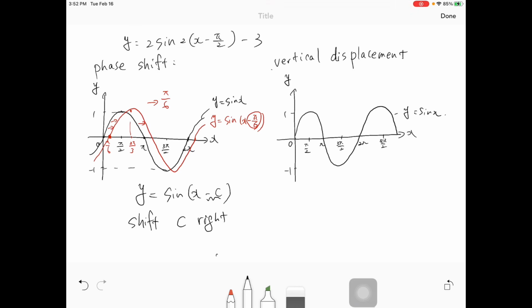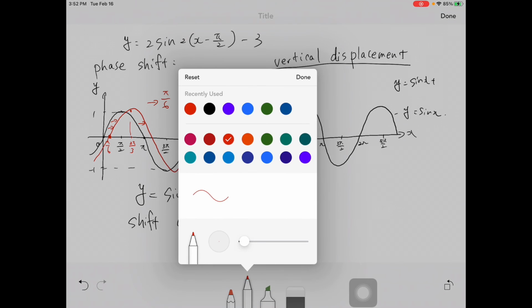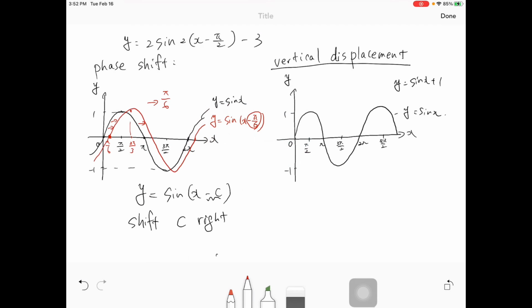Then lastly, finally, vertical displacement. And again, I've already sketched the graph y equals sine x. And let me sketch the graph of y equals sine x plus 1. But we can take a guess how the graph looks like. So the graph is going to be like this.